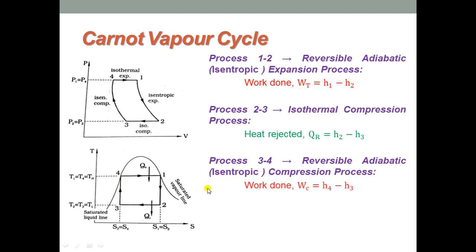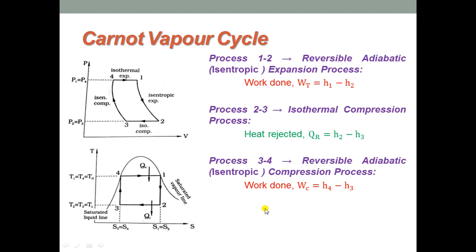The work done on steam during this process is known as compressor work and the work will be negative, and is given by H4 minus H3, where H4 and H3 are the enthalpies of steam at condition 4 and condition 3 respectively.